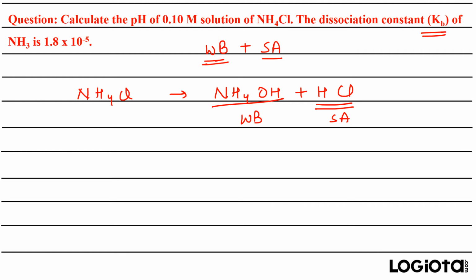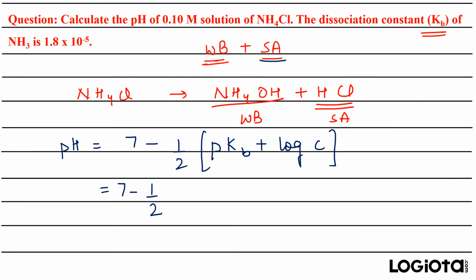Now let's try to solve this question. The formula is pH is equal to 7 minus half of (pKb plus log of C), as it is a strong acid and Kb is given, where C is the concentration of the salt. Now we will put the values here.